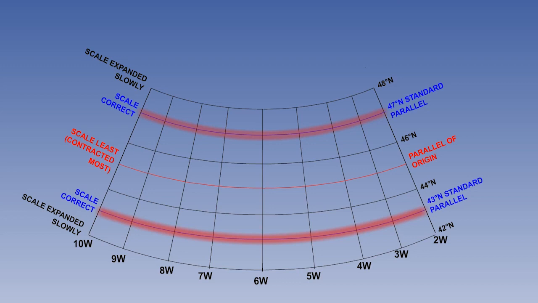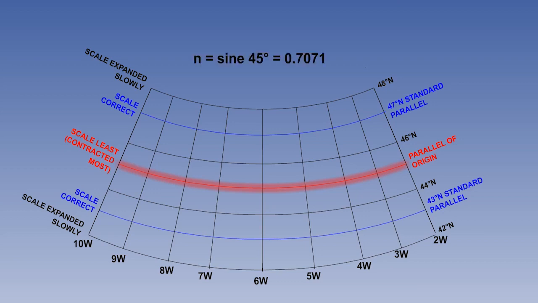In this example, the standard parallels are at 47 north and 43 north. This means that the parallel of origin must be halfway between them, in this case at 45 north. So the constant of the cone, or the n factor, is sine 45 degrees, which is 0.7071.